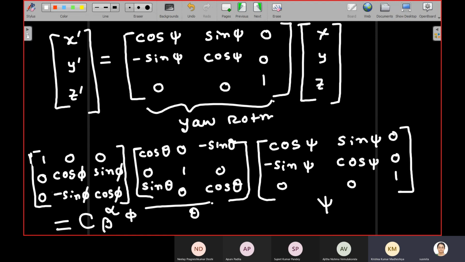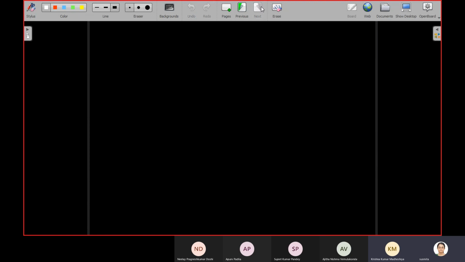And then from Euler rotations, we know that if we want to go back to the beta frame from alpha frame, one option would be to reverse the sequence. So earlier we did psi, theta, phi. Now we have to do minus phi, minus theta, minus psi, correct?